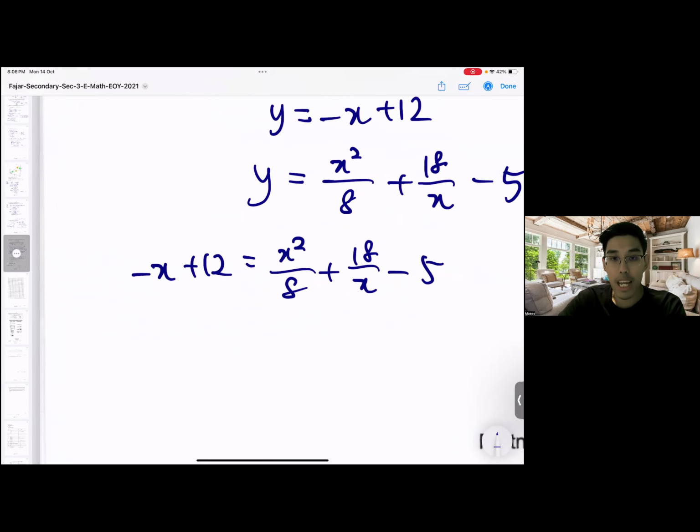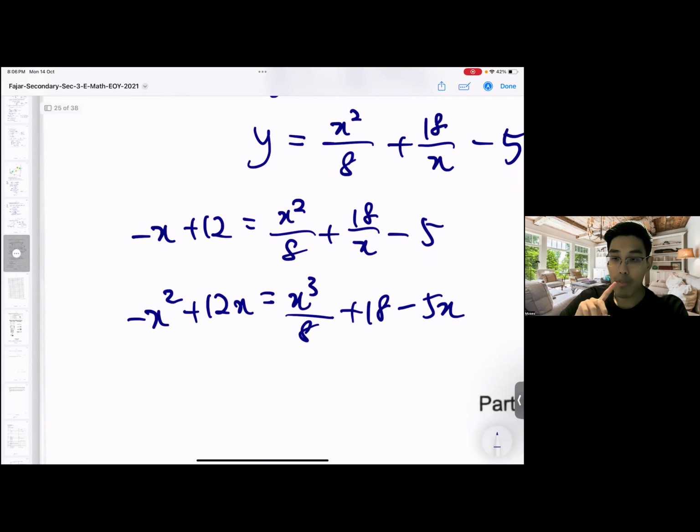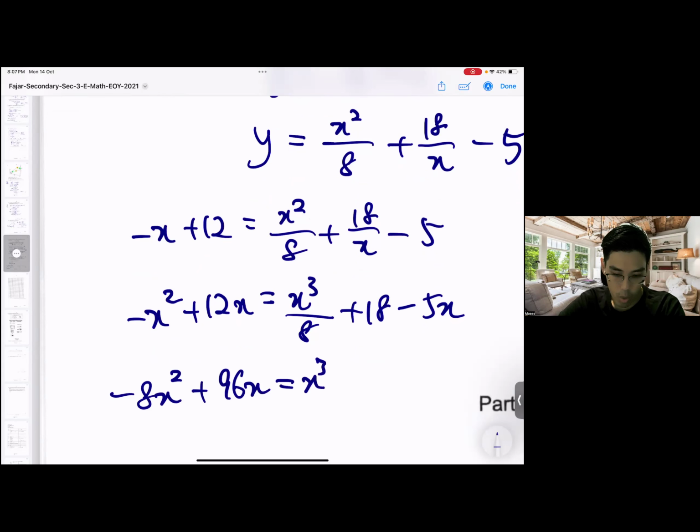By removing the fraction, I multiply everything by x first. So it'll be minus x squared plus 12x equals x cubed over 8 plus 18 minus 5x. And then we multiply everything by 8 to remove the fraction. So it'll be minus 8x squared plus 96x equals x cubed plus 144 minus 40x.